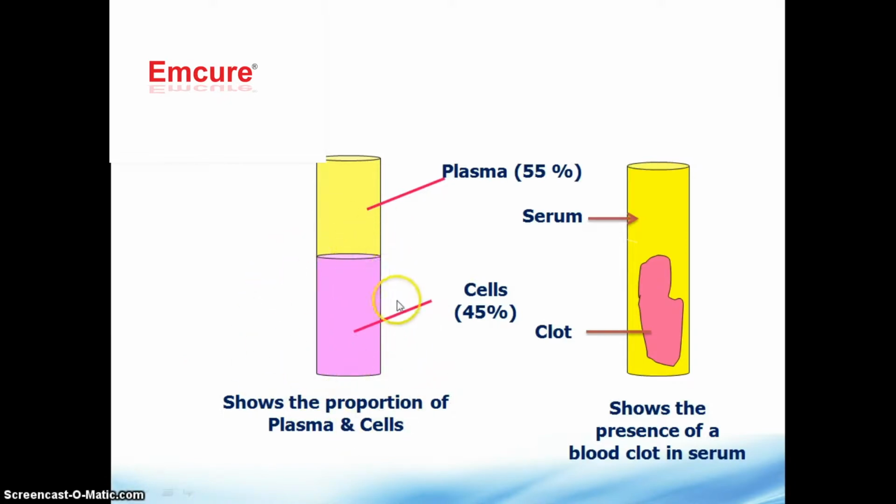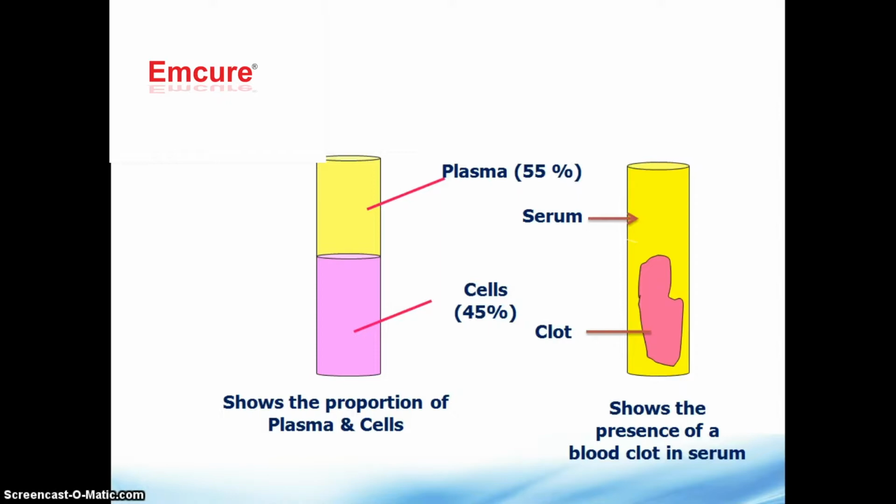All three types of cells are found in this component which settles down: the RBCs, the WBCs, and the platelets. The liquid which separates on top is a yellow, straw colored fluid, and this fluid is called plasma, and this accounts for approximately 55%.